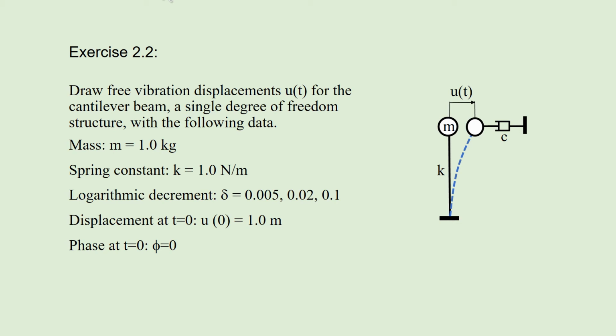Displacement at t equals 0, u is 1.0 meter, and phase at t equals 0, phi is 0. Displacement u can be calculated by this equation. Omega is 1.0. H can be obtained by delta.